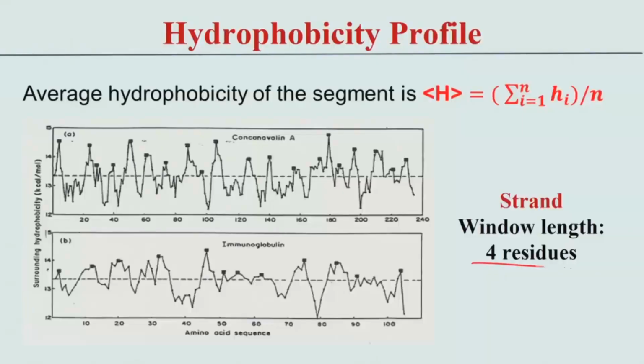Here we use a window length of 4 residues because short beta strands occur frequently in protein structures. Again we make the plot and see there are several peaks. Each peak represents a beta strand. For example, if the peak is at 4, then it covers residues 4 to 7, because it is a 4 residue segment.